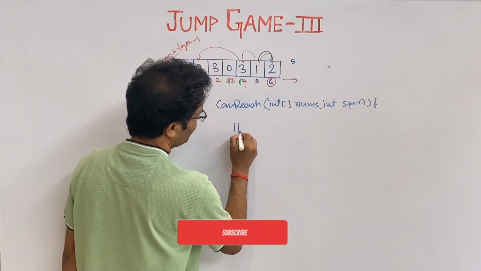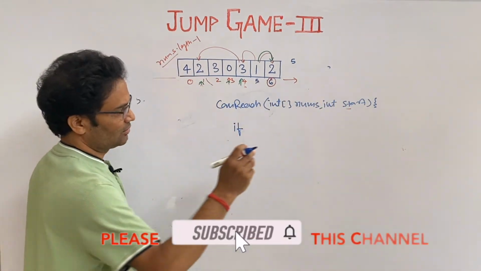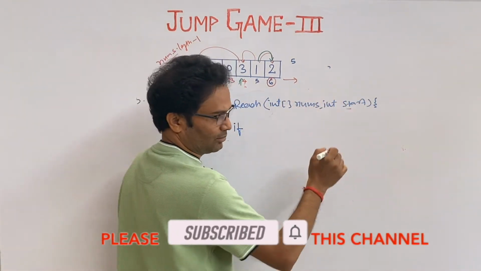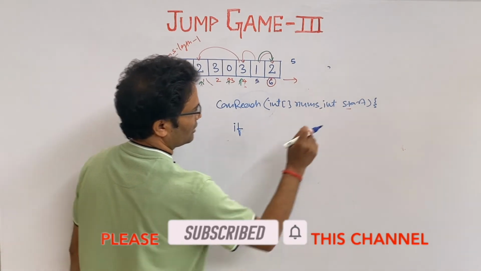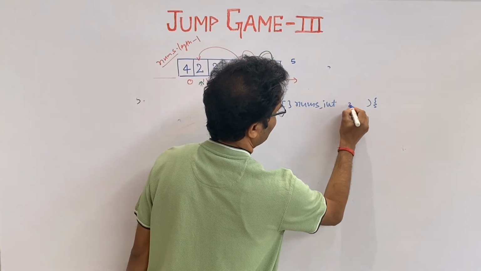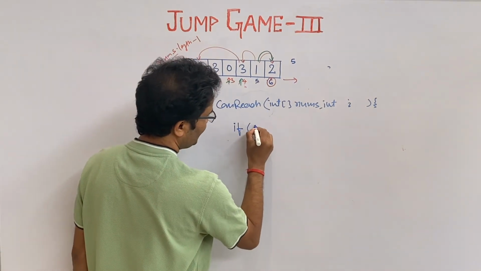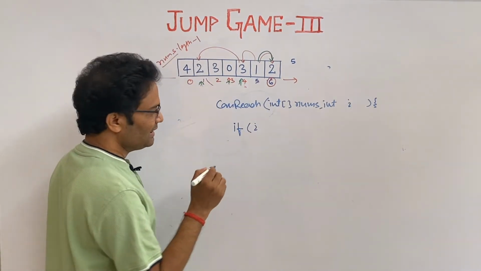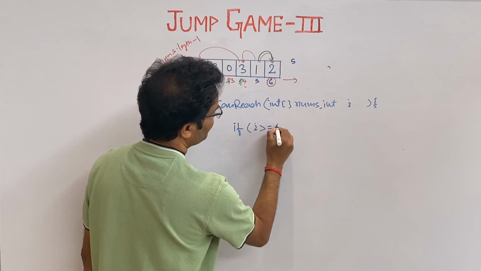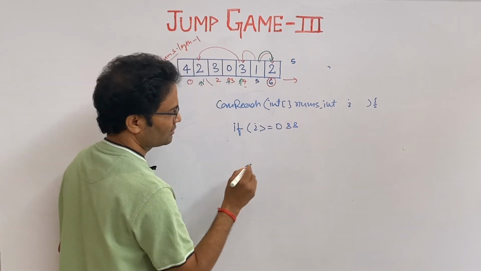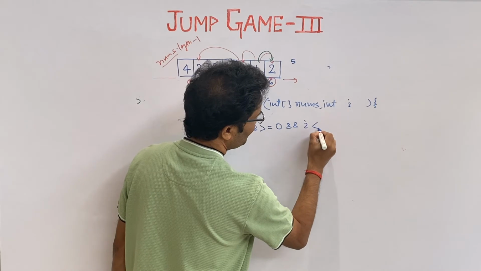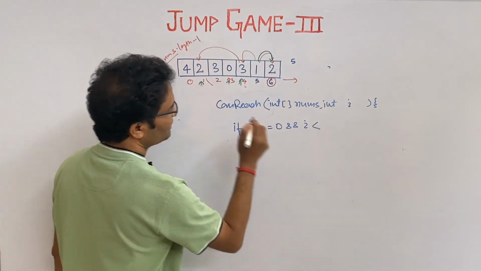First condition, start means your starting index, to make it easy we can take it as I, what we discussed. It is your starting point. So I always greater than or equal to 0, one condition. I should always be less than the nums length.